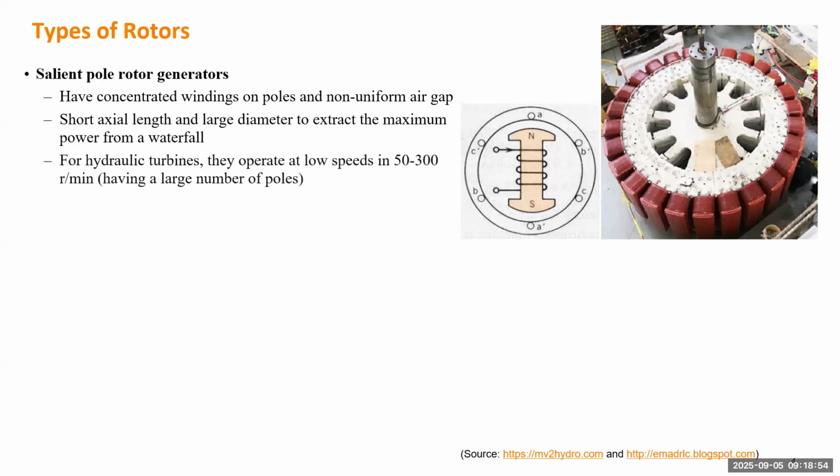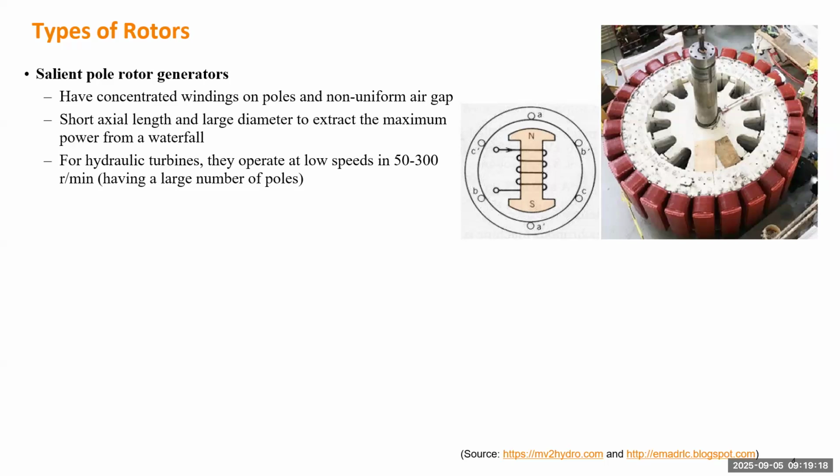And the rotor can be much bigger than the round rotor generator, so it has large inertia. So hydraulic turbines operate at lower speed than the round rotor generator, such as in the range from 50 revolutions per minute to 300 revolutions per minute, because they have a large number of poles.